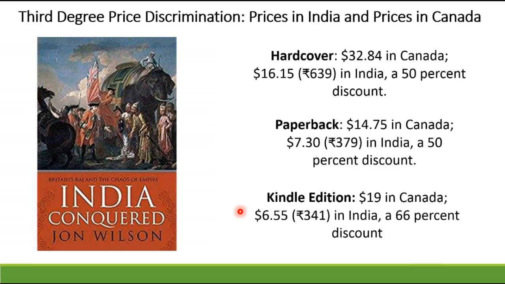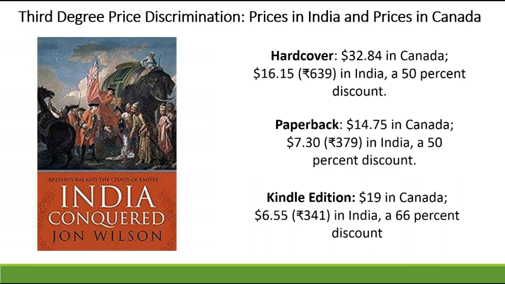So this kind of price discrimination based on the geographic location of customers is really quite common. We see price differences as well between even Canada and the United States, even though those seem to be quite similar countries. Well, that's the end of my discussion of third-degree price discrimination.